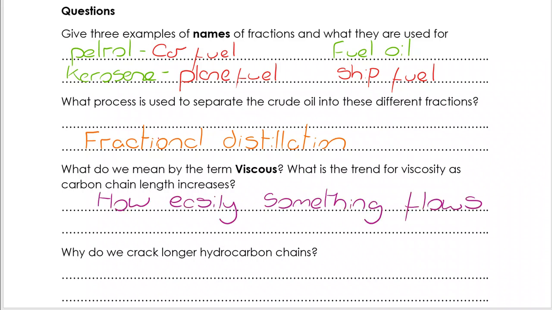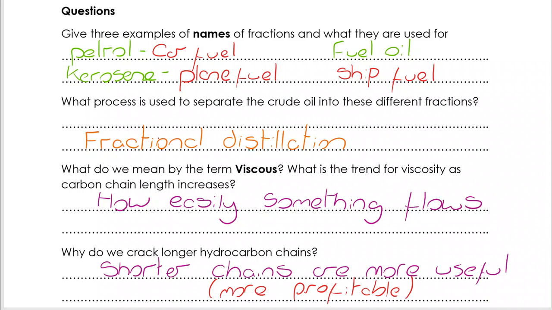Well, viscosity is how easily something flows, and the longer the carbon chain, the harder it is for it to flow. It becomes thicker, it becomes gloopier, it becomes more viscous. And finally, why do we crack longer hydrocarbon chains? Well, as was discussed just a couple of minutes ago, it's because shorter chains are more useful. We might also think about it in terms of profitability.